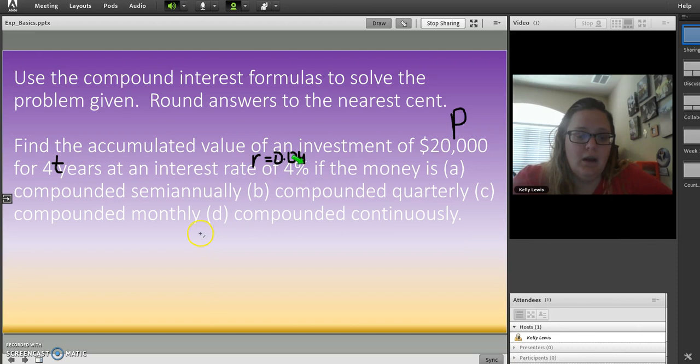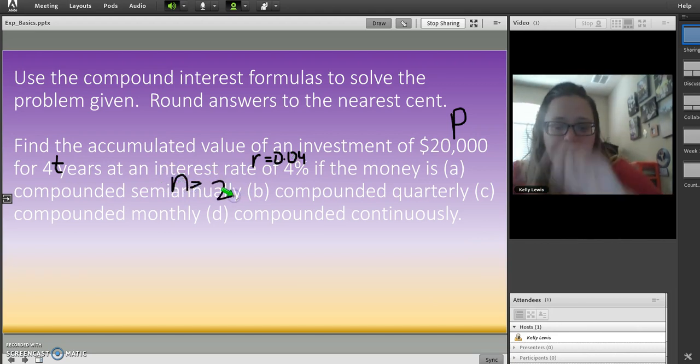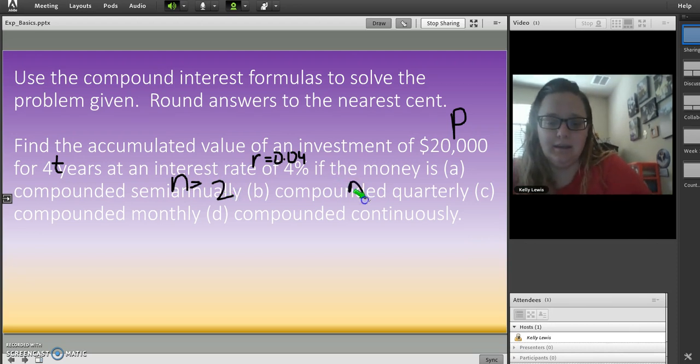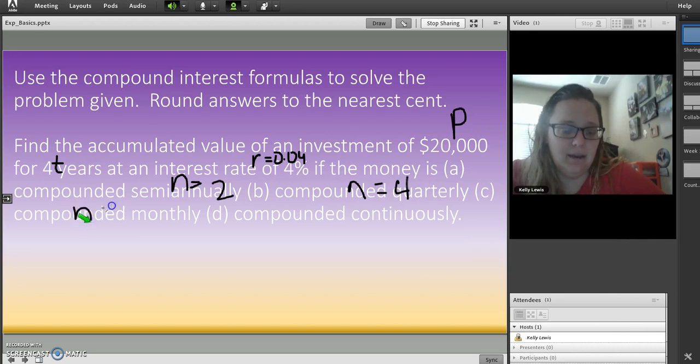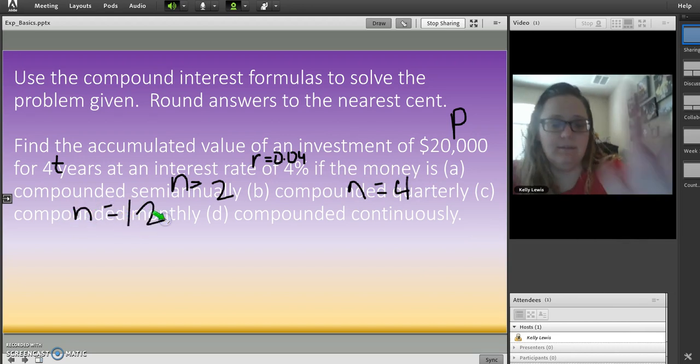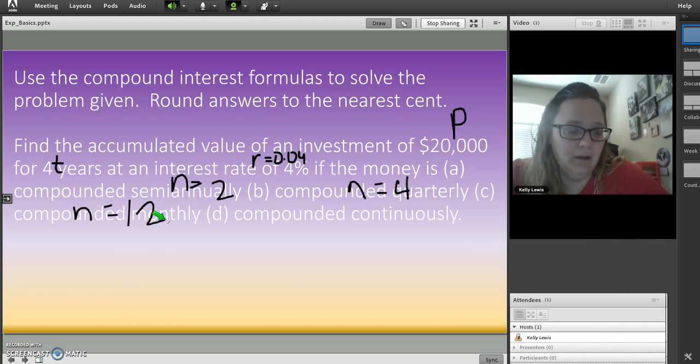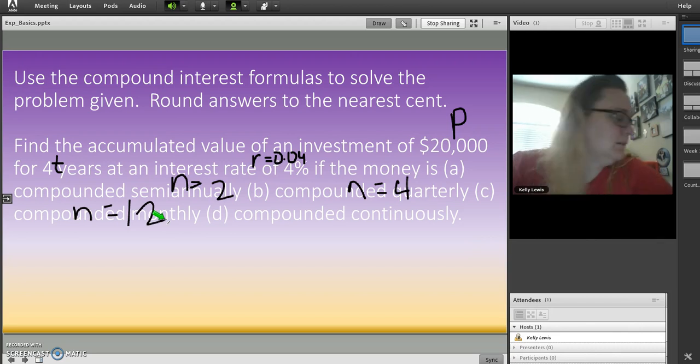All right, we need to do semi-annually, where N would be twice a year. Quarterly, N would be 4 times a year. Monthly, N would be 12 times a year. And then continuously, you would use the other formula. So for A, B, and C, we're going to use the first formula.